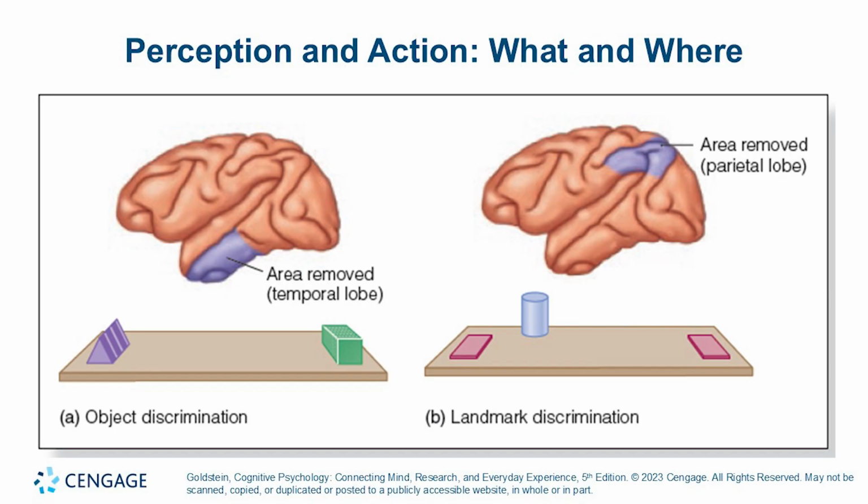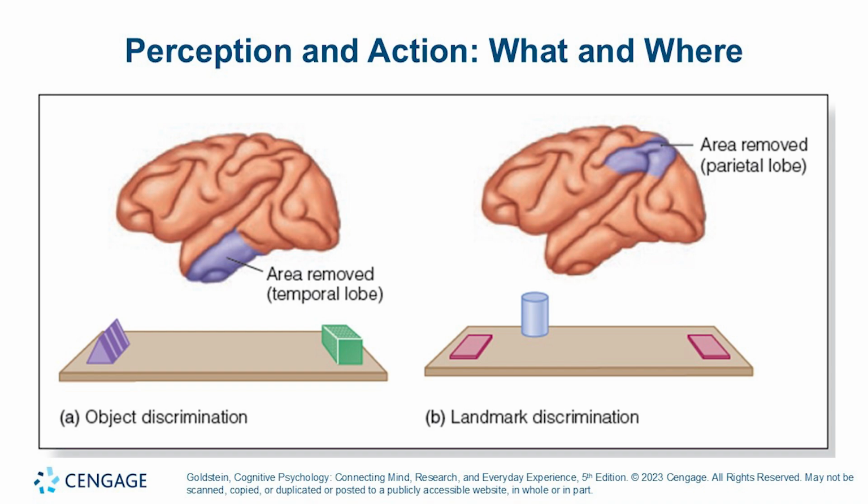However, after they had a piece of their temporal lobe removed, that disrupted their ventral perception pathway, meaning the what pathway that they would use to identify objects. And suddenly they had great difficulty locating the food because they were less able to remember which object was the one that was hiding the food underneath it. They were less able to identify it.